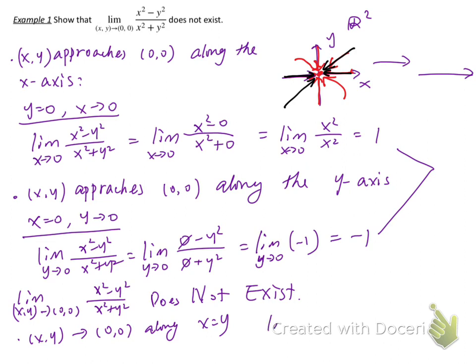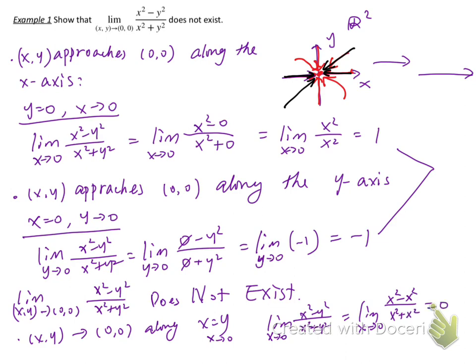If that is the case, x equals y, and when x goes to 0, y goes to 0 at the same speed. You will have (x squared minus y squared) over (x squared plus y squared), but y equals x, since I'm keeping x. So it's x squared minus x squared over x squared plus x squared.